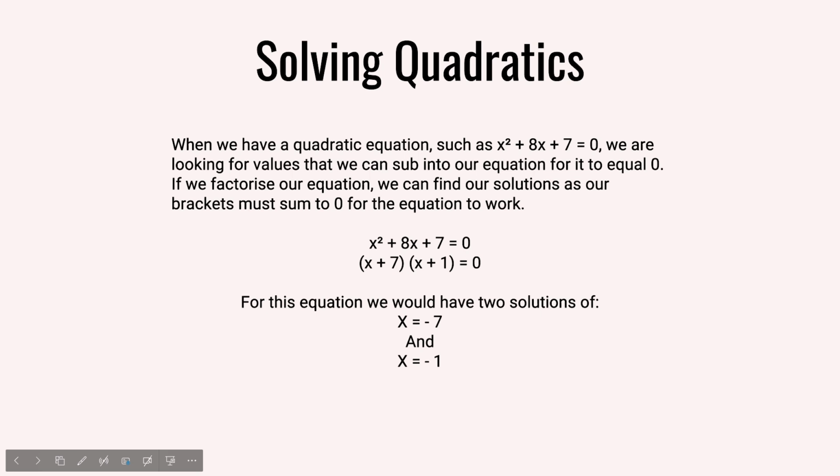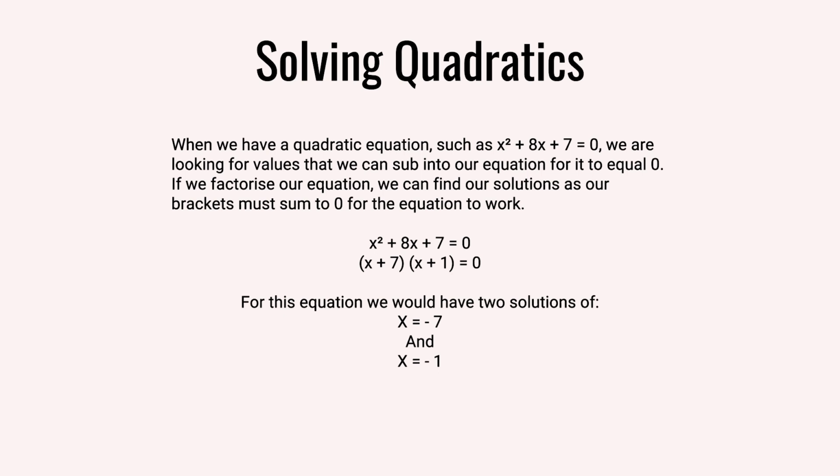Now, let's look at an example of solving a quadratic. When we have a quadratic equation, such as x squared plus 8x plus 7 equals 0, we are looking for the values that we can sub into our equation for it to equal 0. If we factorise our equation, we can find our solutions, as one of our brackets must equal 0 for the equation to work. So here, with x squared plus 8x plus 7 equals 0, we factorise the expression x squared plus 8x plus 7.